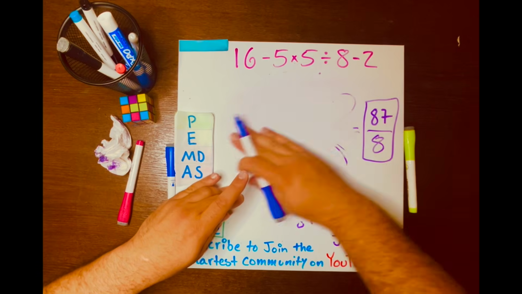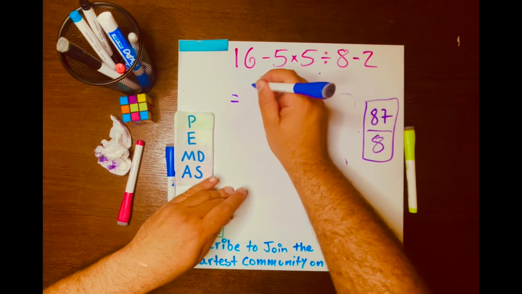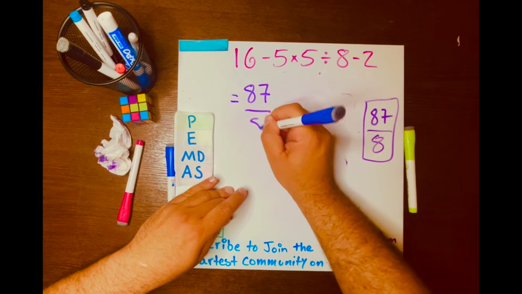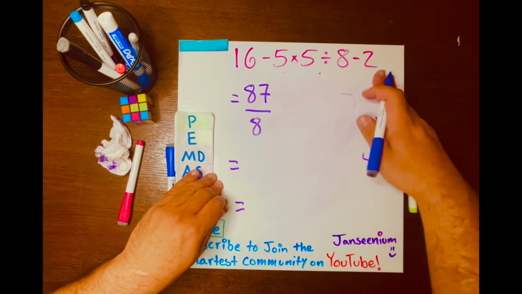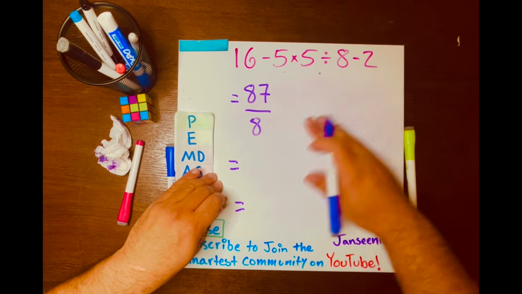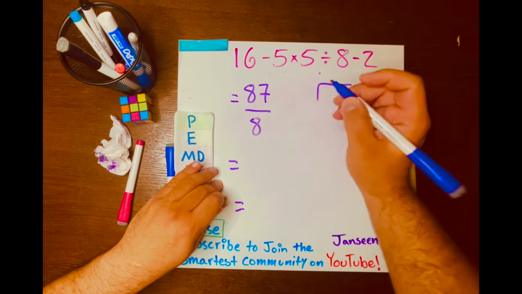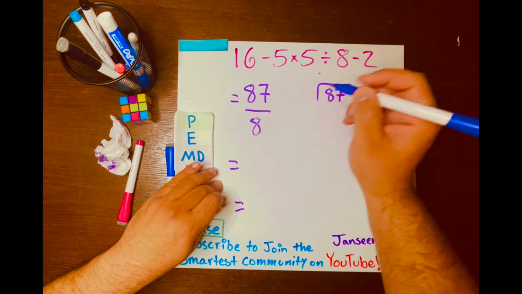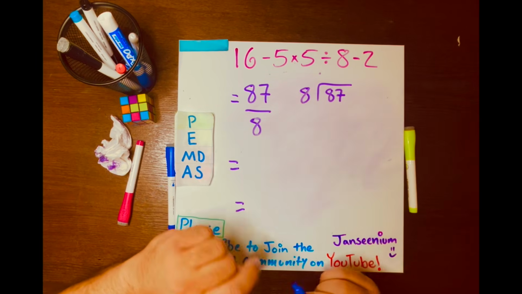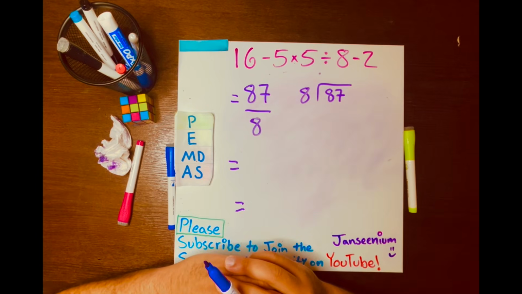And I'll rewrite the first answer here. So 87 over 8. And then I'll write the other two answers there. Here's the long division symbol. And you write the 87 inside, that's the dividend, and the 8 outside. Now, how many times can 8 fit into 87?